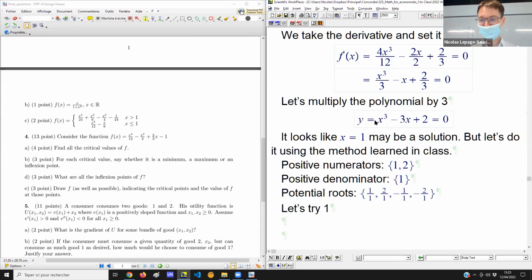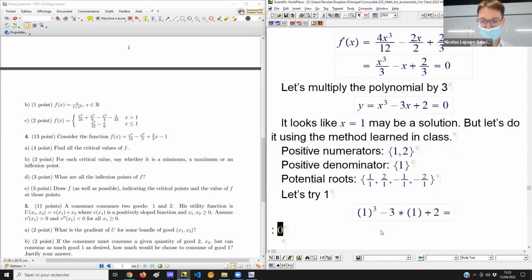So I would get 1 equals 2, and this should be 0. Yes. Actually, we just have 4 to try.